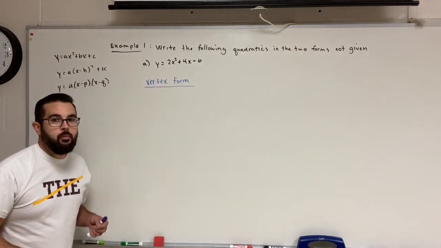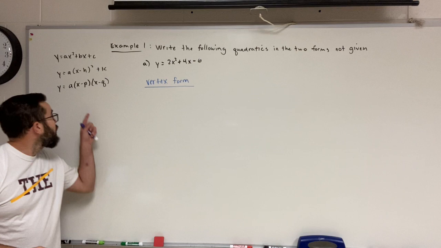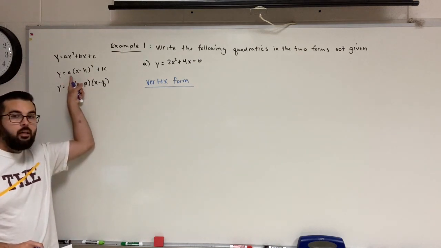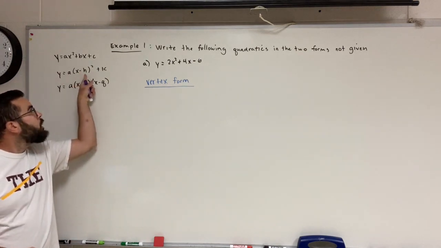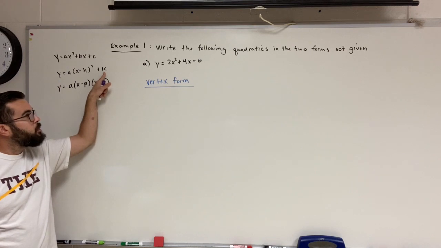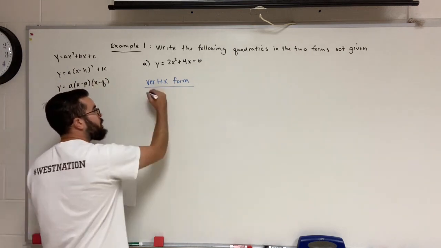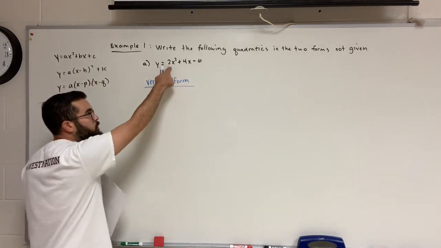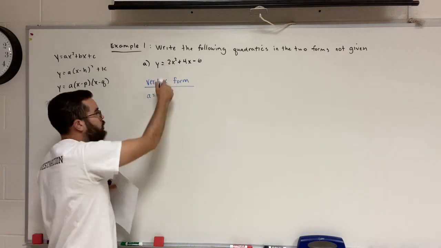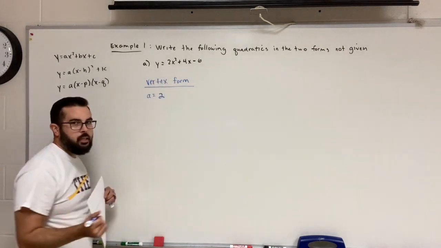In vertex form, there are three things we need to find: a, h, and k. The a value we can take straight from the a value in standard form. So the a value is 2.